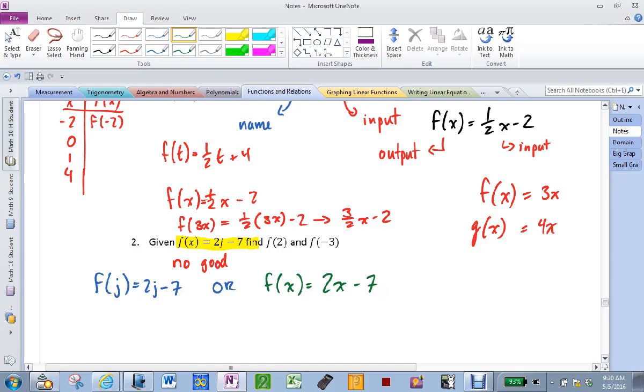Everybody see it? Now, could you do these now? Yes. Right. So what would the first one be? F of 2. So how do I write that? F of what? 2. And now j is gone for 2, so what goes in for j? 2. And what is my output?